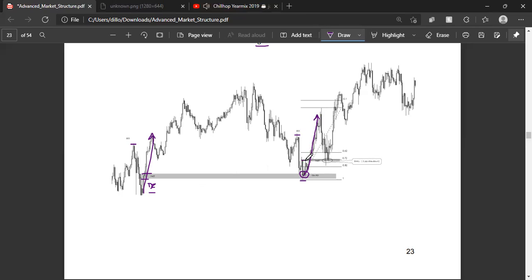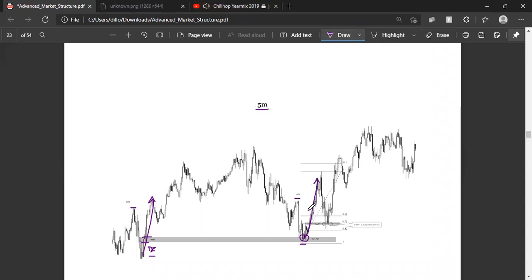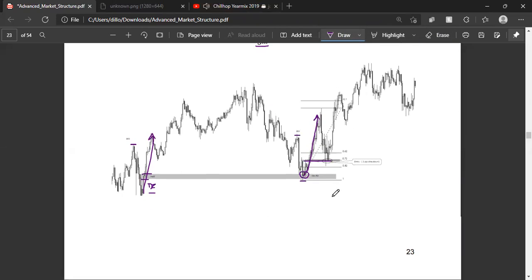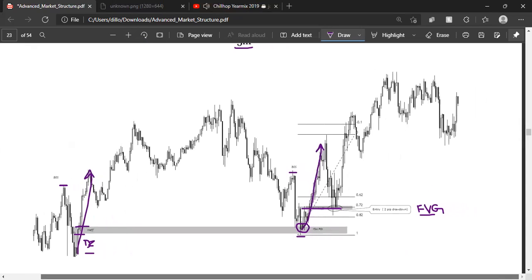And if we look back where structure is here, back down at this 5-minute demand zone, there's another inefficiency. There's another fair value gap. It's the same thing as an inefficiency. So from this low to now this high that has broken this structure, we can place a Fibonacci.